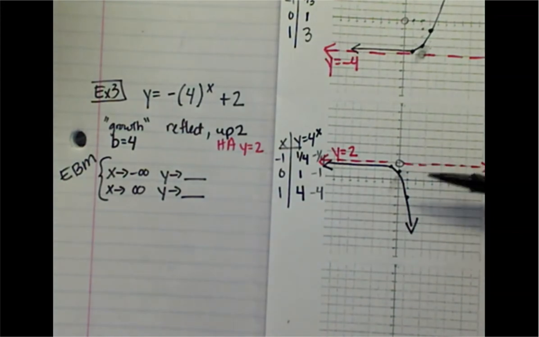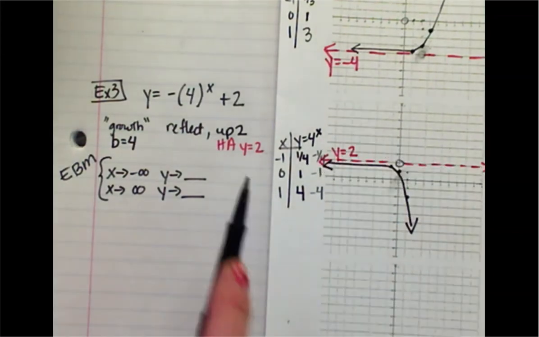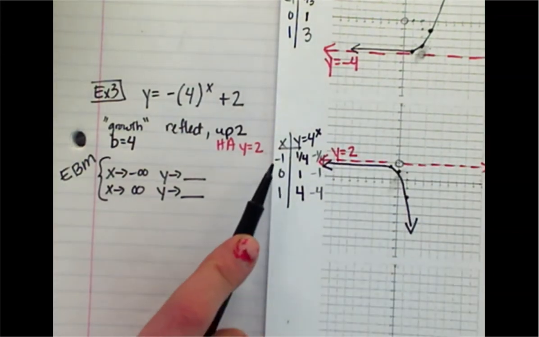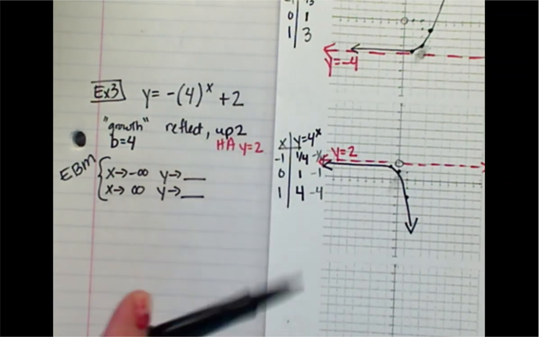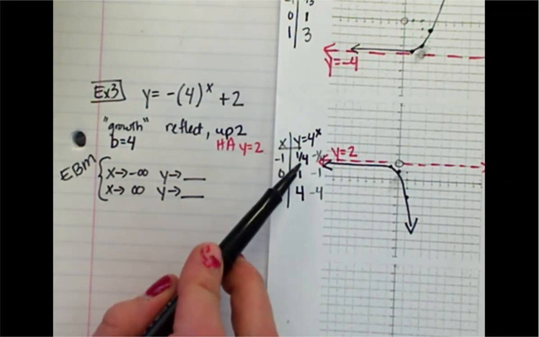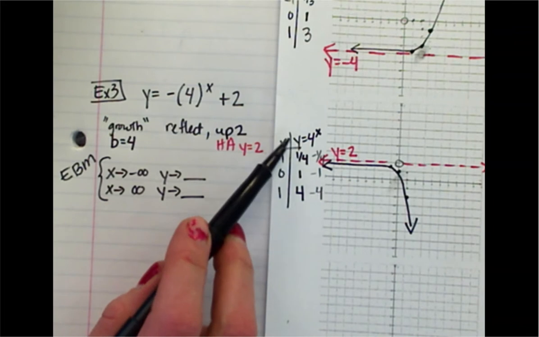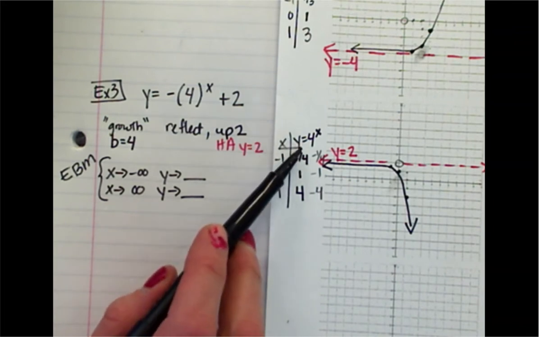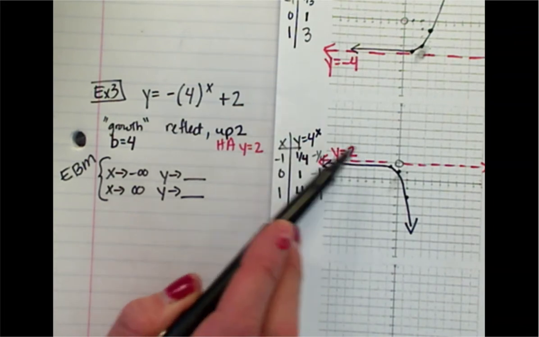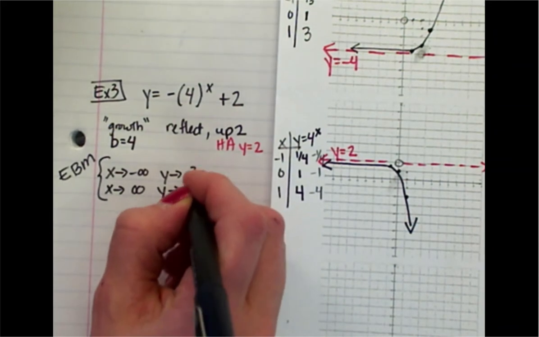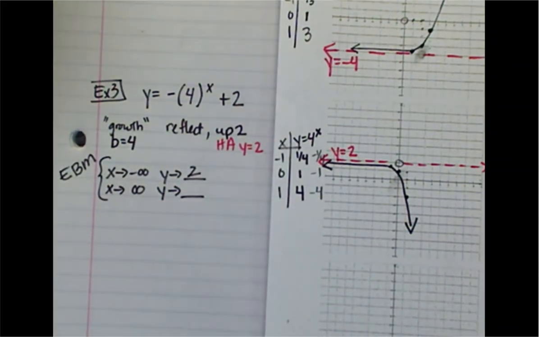So as I look to the left, which is the negative side of my table, the y values are approaching 0. So they're getting close to the asymptote. So 2. HAs are end behavior models.